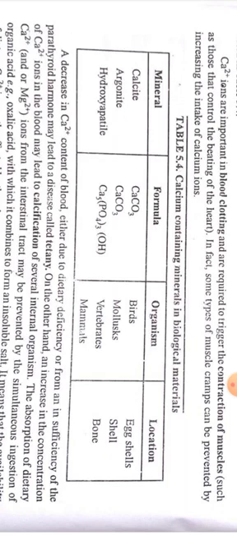Second mineral, aragonite, formula CaCO3 again. Organism: molluscs. Location: shell. Third is hydroxyapatite, Ca5(PO4)3OH. Organism: vertebrates and mammals. Location: bone.